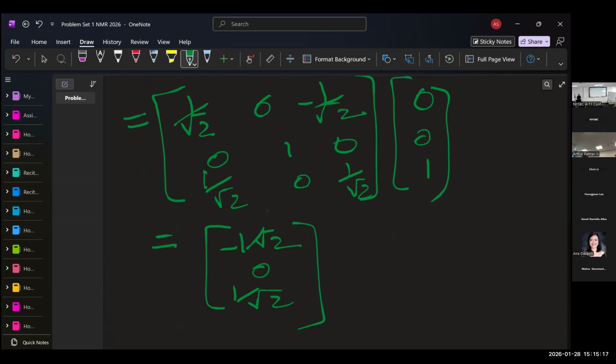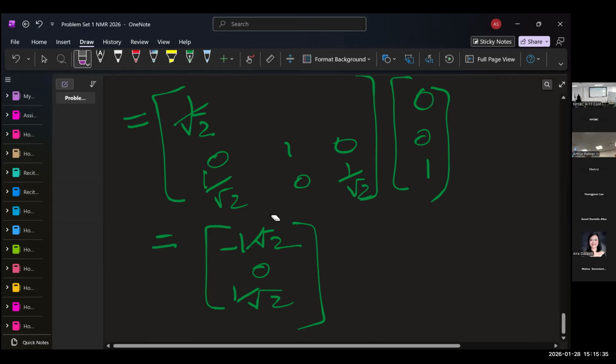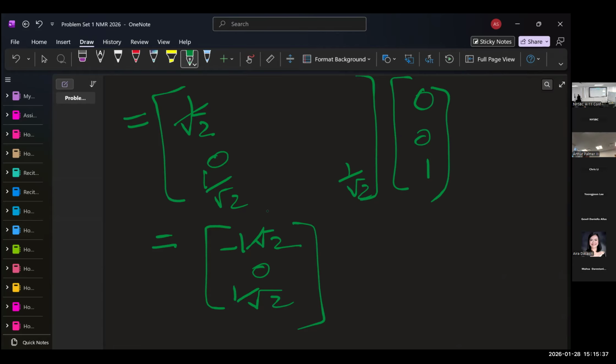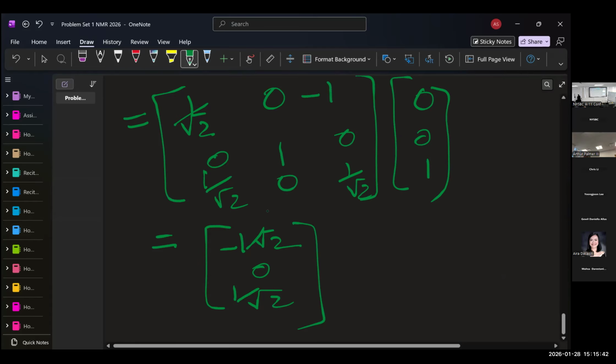Right. This problem is just cranking through the matrix one after another. Do you think it's useful to have this rotation matrix in memory? Oh, no. So, I would say that I know that I start on Z. If I'm doing a minus Y rotation, I know I'm going to rotate back towards the minus X axis.